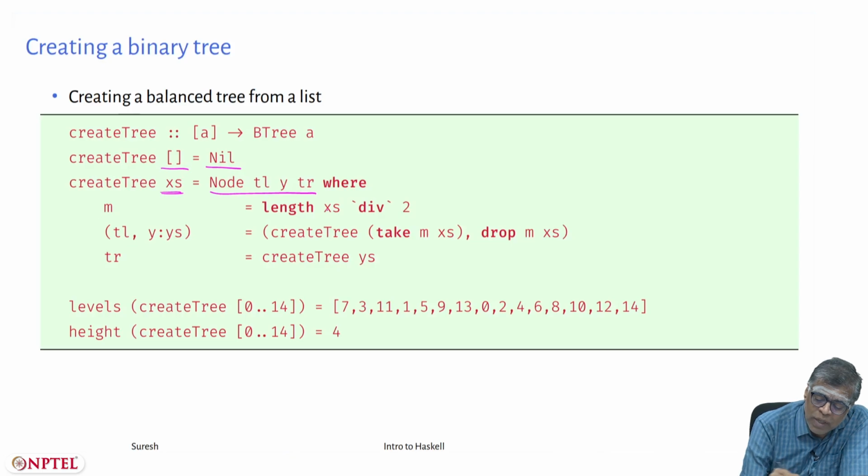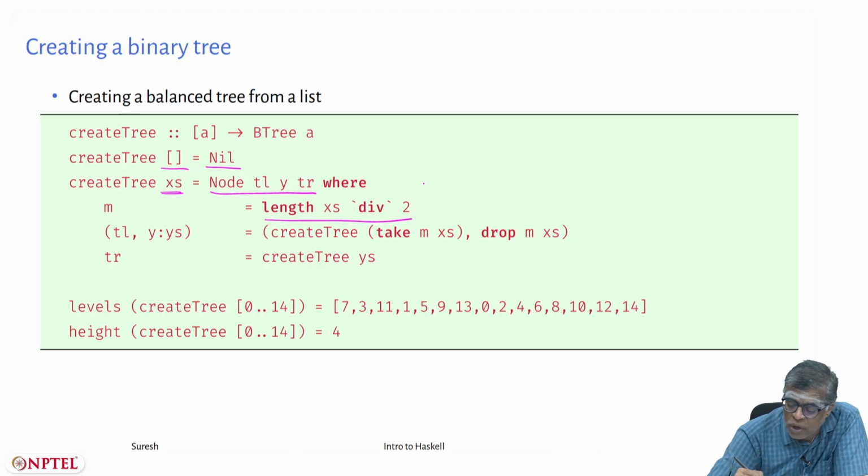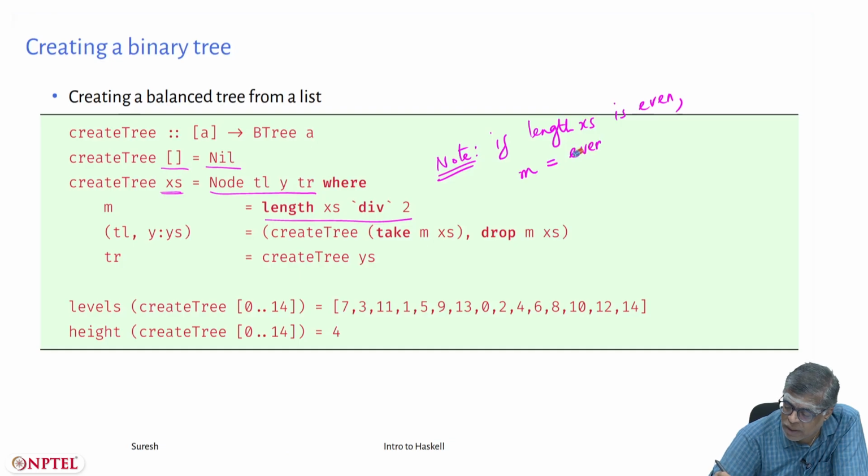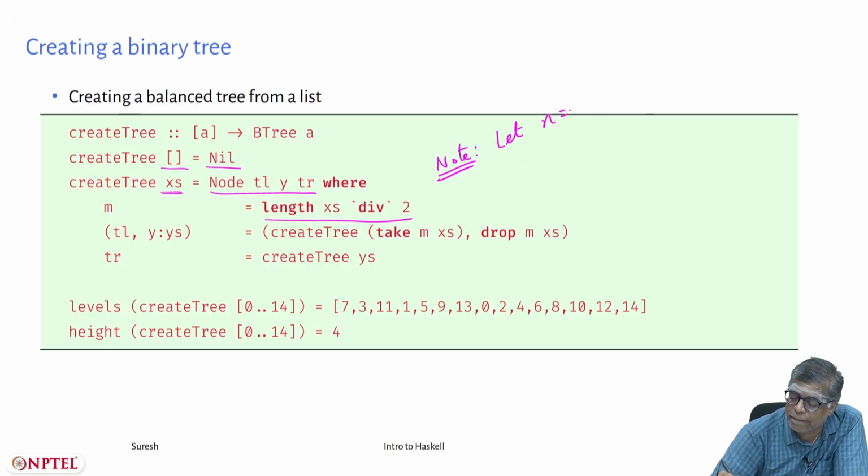Let us check. m is length of xs div 2. Note importantly, if length of xs is even, m is also even, but more importantly, let n equal length of xs. m is exactly n by 2.